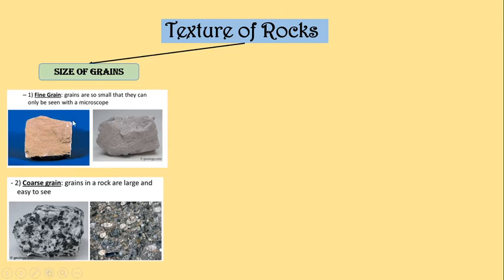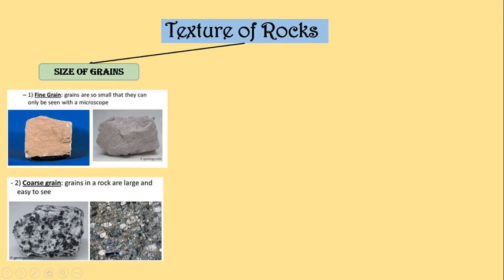Jadi batu-batuan yang memiliki butiran-butirannya itu sangat halus sehingga kita tidak bisa melihat dengan mata yang seperti biasa, tetapi kita harus menggunakan mikroskop. And then the second is coarse grain. Coarse grains are grains in a rock that are large and easy to see. Jadi yang memiliki butiran-butiran yang besar, yang ukuran-ukurannya besar dan terlihat dengan jelas.